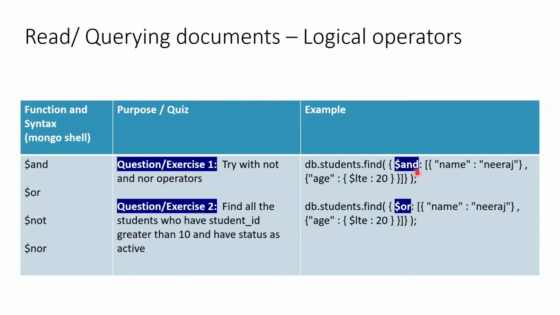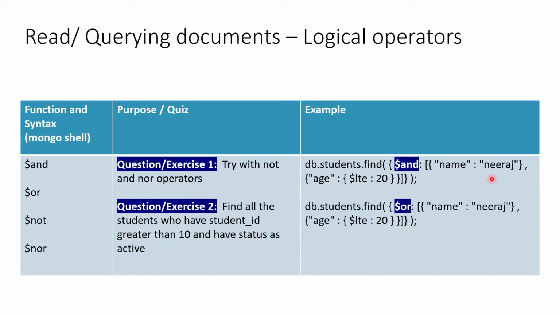In the beginning we specify whether we want the AND condition. In this case it is AND, because I want to find a student whose name is Neeraj and age is also less than 20. Then an array which will specify multiple conditions. Again a JSON document which specifies which field we want to query against. In this case it is name, which is equal to Neeraj as per our use case.